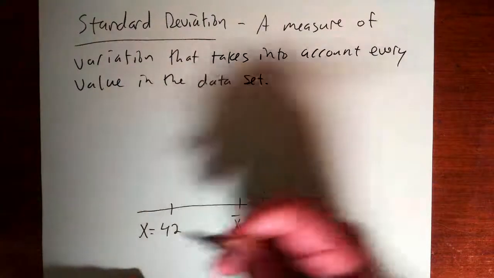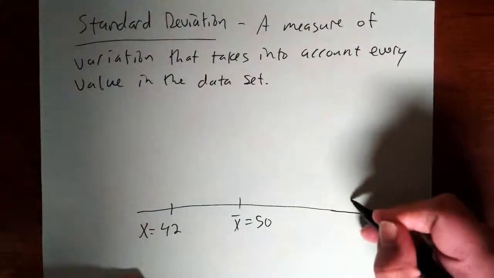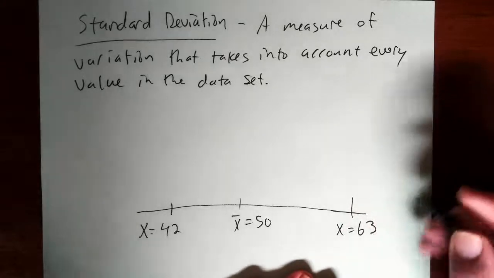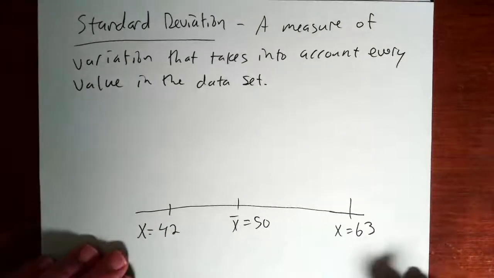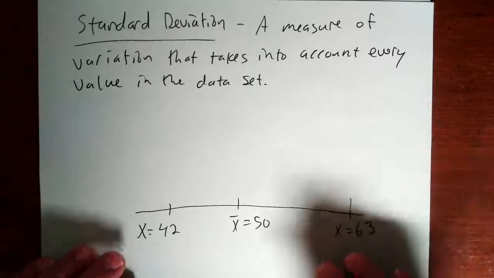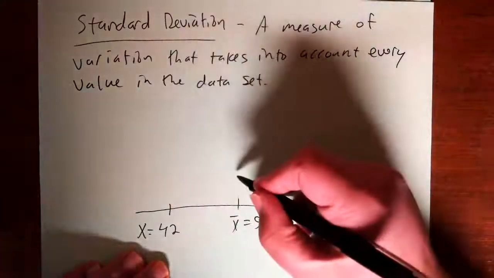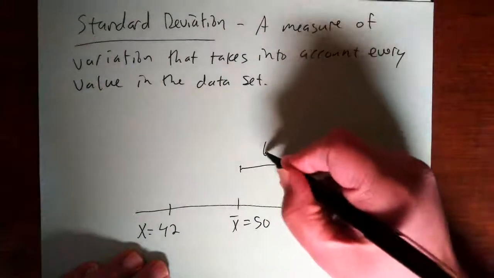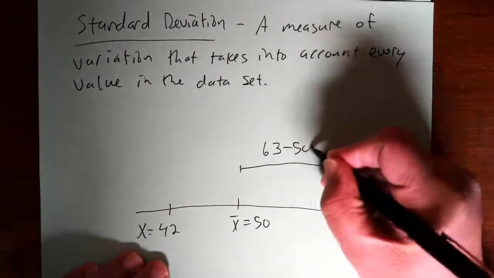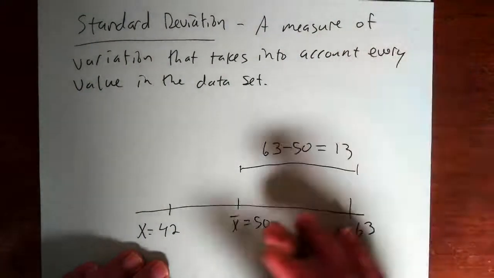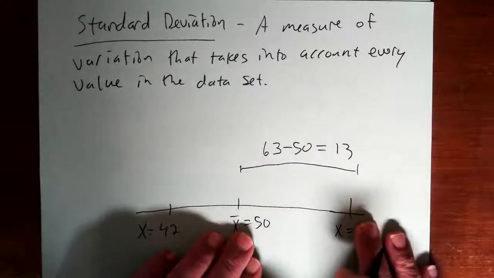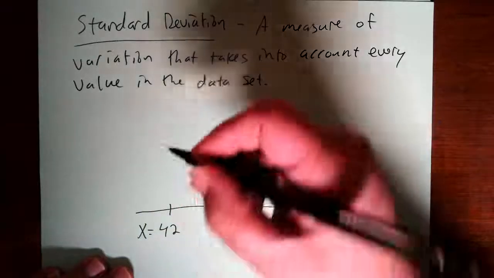That's one x value. And let's say I got another x value up here, and we'll say that's 63 or something like that. So you got these different x values. So how far do these deviate from the mean? Well, this one up here, this would be 63 minus 50, and this one is like 13 units above the mean, right?